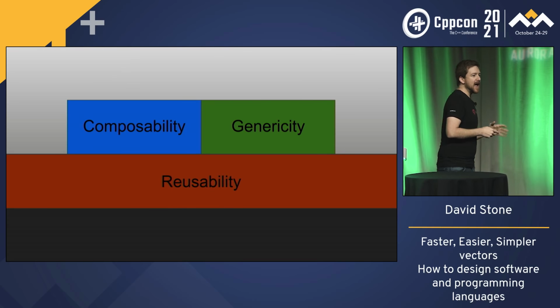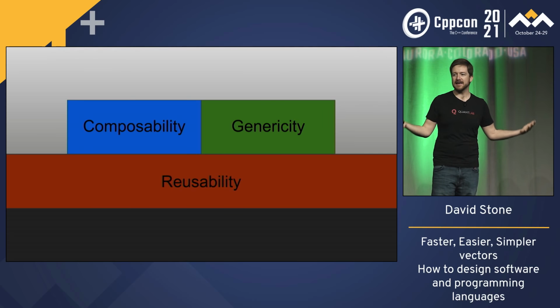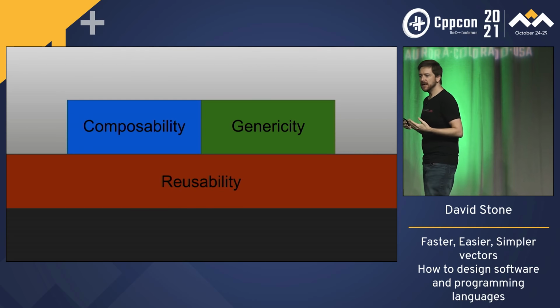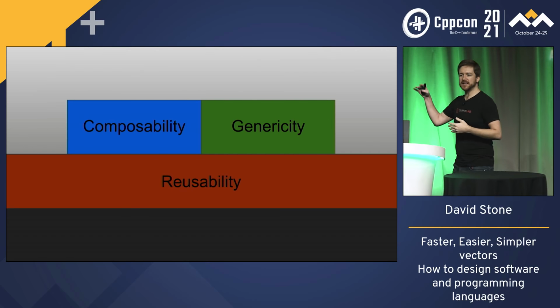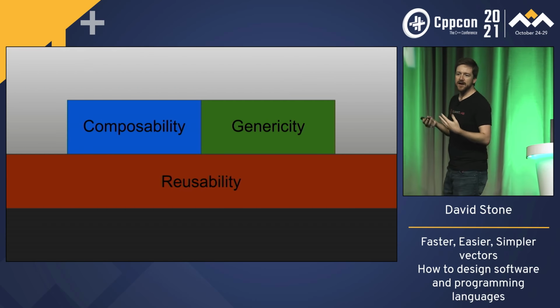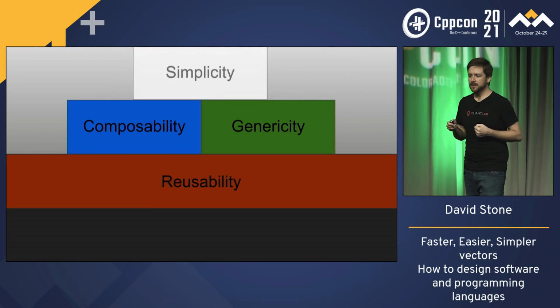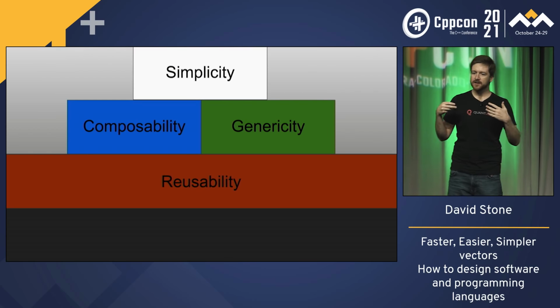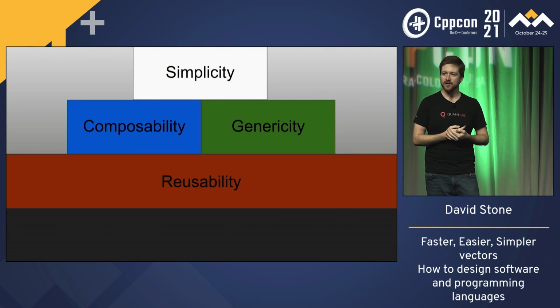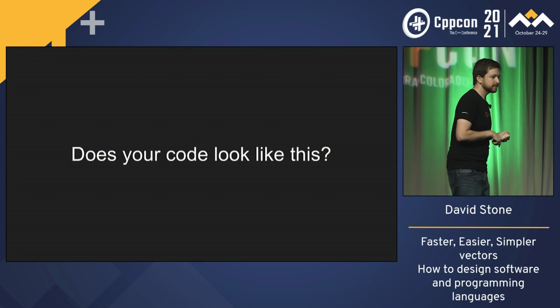Composability is saying, I can take these other things that I've used to solve problems, and I can combine them together to solve a bigger problem. And genericity is saying, hey, I solved this problem for this one type before, and I can make that solution generic across multiple types. And when we combine all of those, we get simplicity. And that's our goal. We want efficient, simple, easy to understand code.